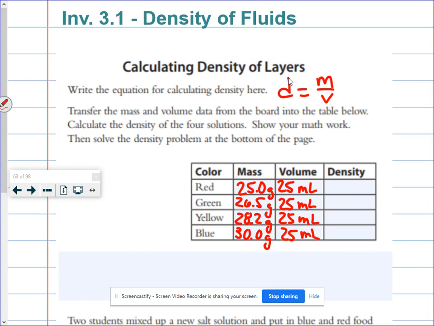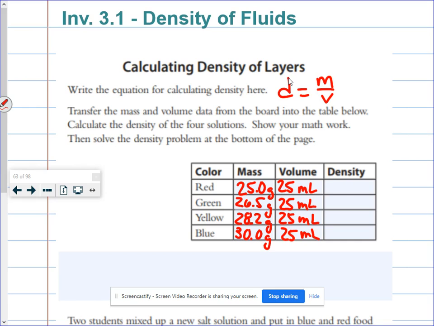All right. So I've transferred the mass and the volume from part 3. Then it says calculate the density of the 4 solutions. Show your math work and then solve the density problem at the bottom of the page.